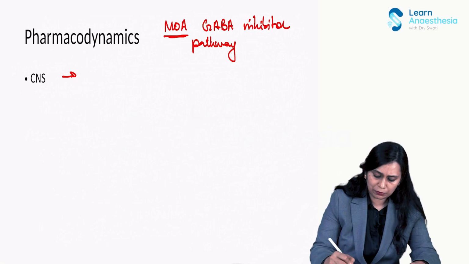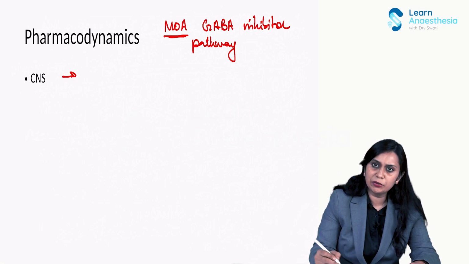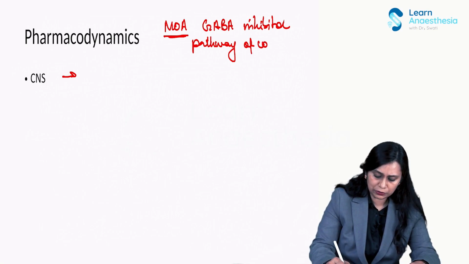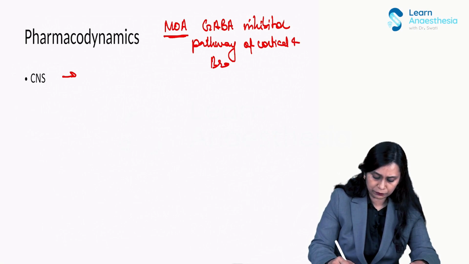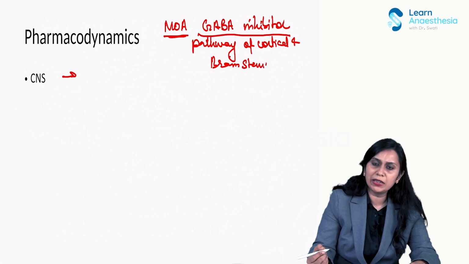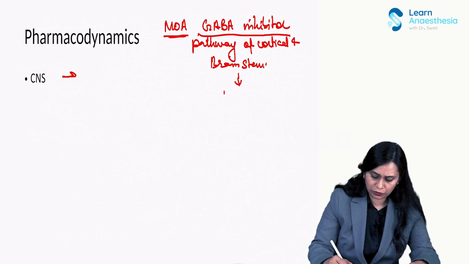It potentiates the GABA inhibitory pathway of the cortical and brain stem. This potentiation of the GABA inhibitory pathway causes loss of consciousness.